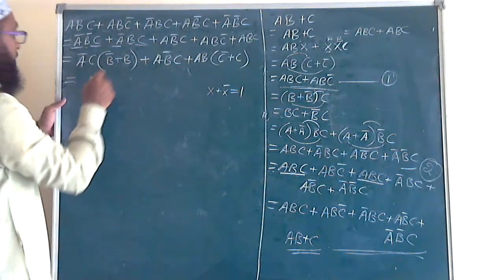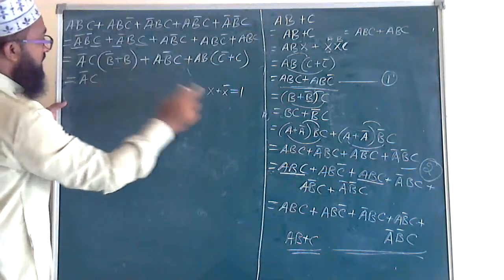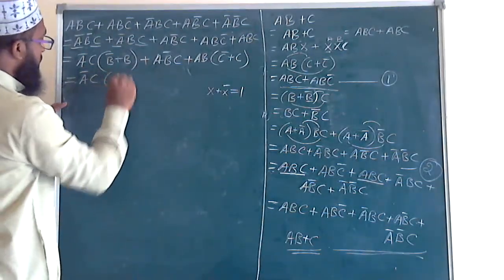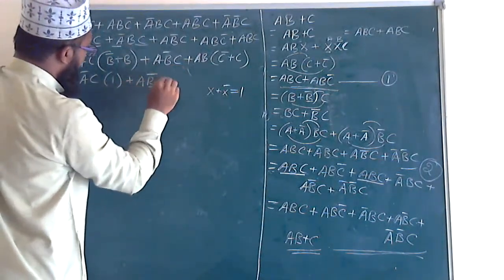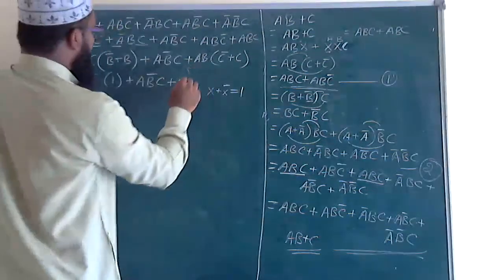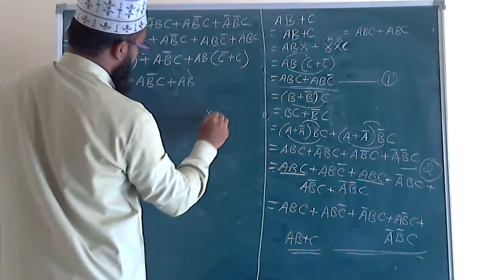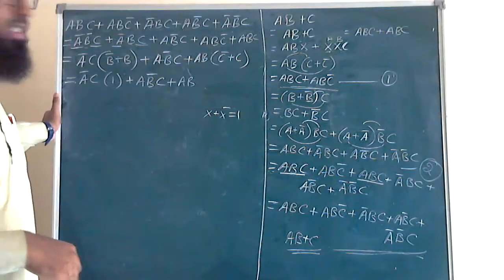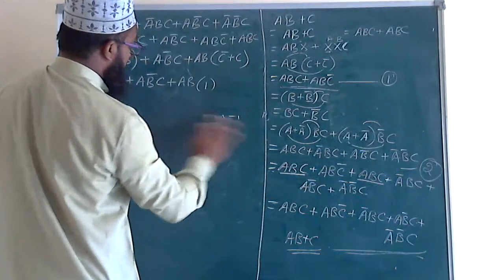Complementarity law. So here A bar C, then B plus B bar. If x plus x bar is equal to 1, then B bar plus B is also equal to 1. Plus, write down this one, A B bar C, plus A B into, if x plus x bar is equal to 1, then C plus C bar is also equal to 1.